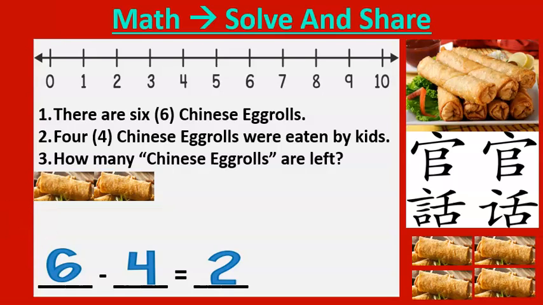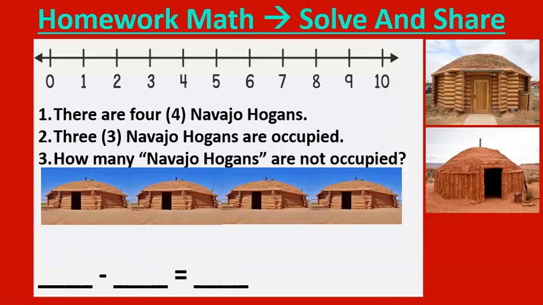Now, boys and girls, go get a paper and pencil. Once you get your paper and pencil, I want you to look at your screen now because this is your homework that you are going to complete. Now, boys and girls, I want you to copy down this number line.